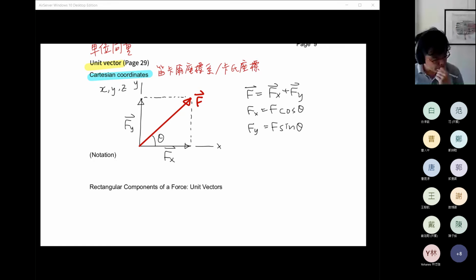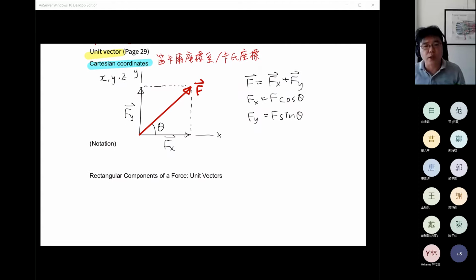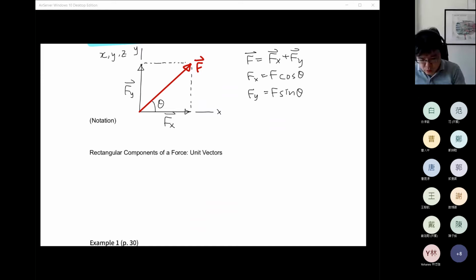And for Cartesian coordinates, we have this one. The next part is, because we have Fx and Fy as vectors here, and we have the magnitudes as scalars.